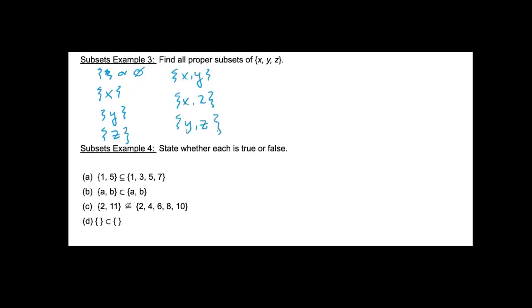Okay, and then the only other option here would be to list the set itself, but since this is asking me for proper subsets, that's telling me don't list the set itself. So I would be done here. So we're looking at 1, 2, 3, 4, 5, 6, 7.